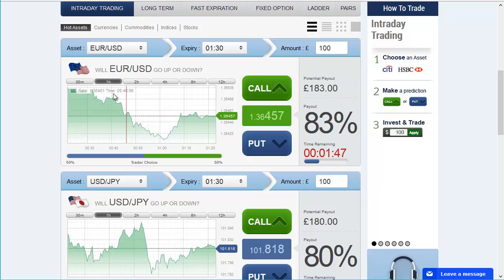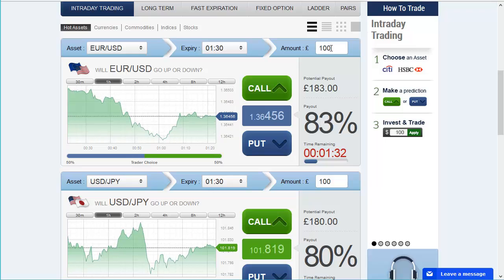For example, if you think that the euro is going to go higher, you buy a call, you set your price. There are different strike prices, obviously, and then you show them exactly how much you're willing to risk.